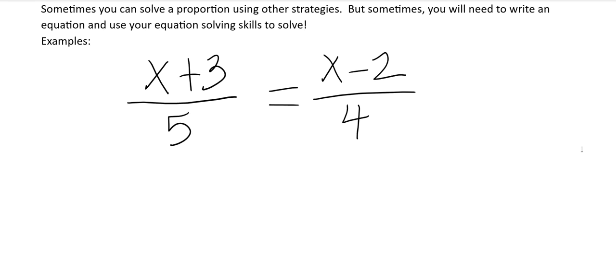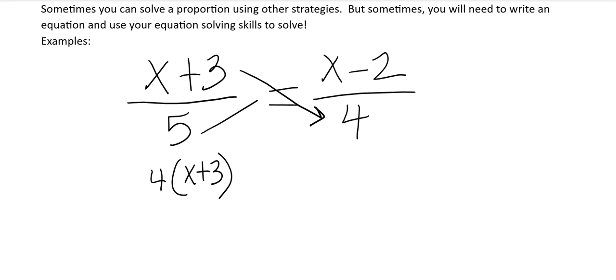In this example, we see that cross products are equal if you're multiplying all of x plus 3 times 4. You're going to have to use parentheses around any polynomial with more than one term to show that we have to apply the distributive property here because the 4 is being multiplied by all of that, the sum of x and 3.